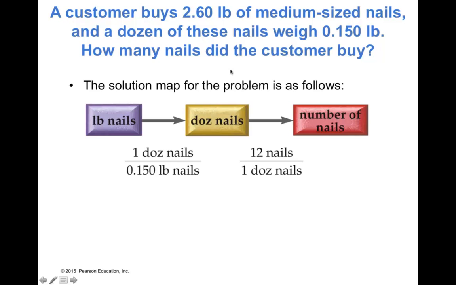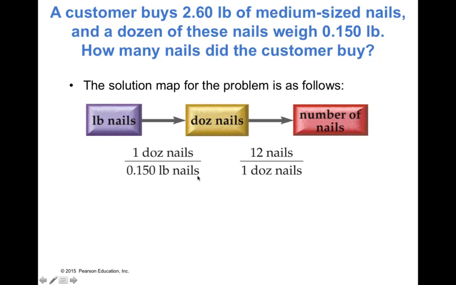And this is a definition that we also have here in the question, where it says that 1 dozen of these nails weigh 0.150 pounds. So this is a relationship that we can create: 1 dozen over 0.150 pounds. Or we can also rearrange this equation and put the denominator in the numerator and the numerator in the denominator to use it also.